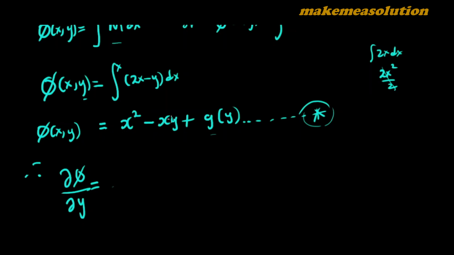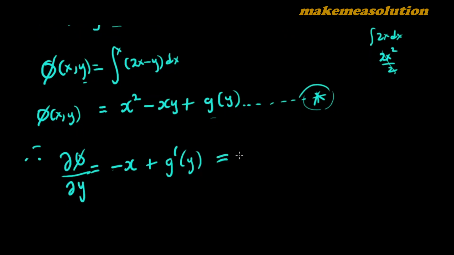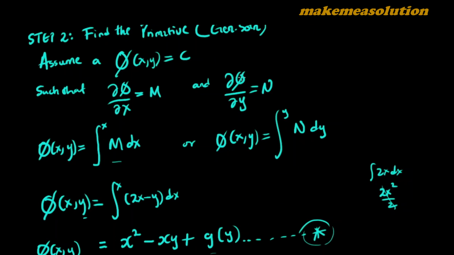Differentiating minus xy with respect to y, you get minus x, because x is a constant. When you differentiate g of y with respect to y, you get g prime of y. So this partial derivative of phi with respect to y should be equal to what? N, according to the assumption that we made: the partial derivative of phi with respect to y should be equal to N.